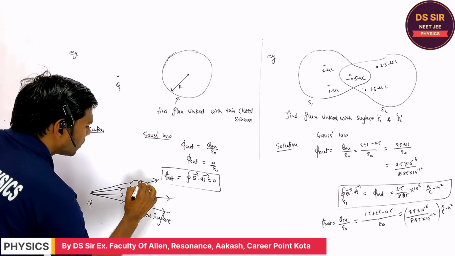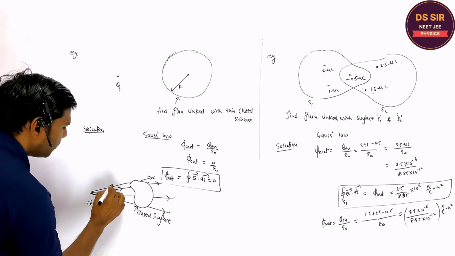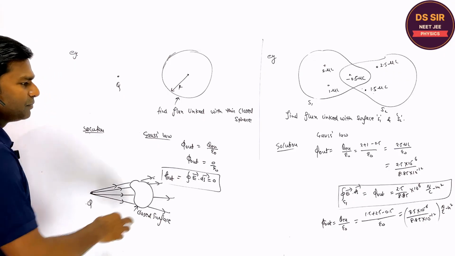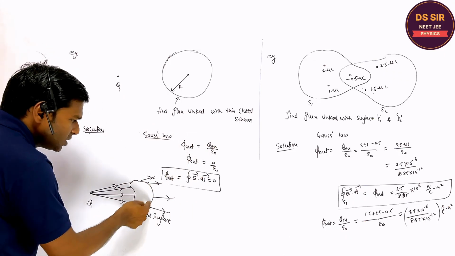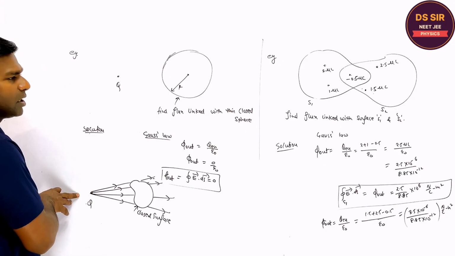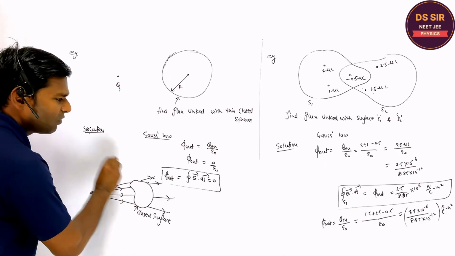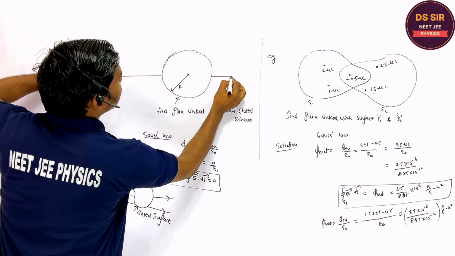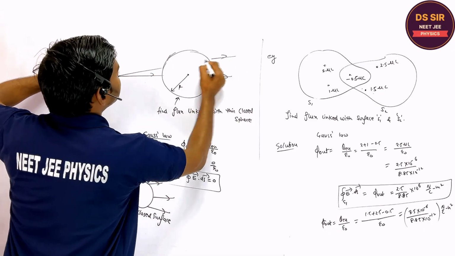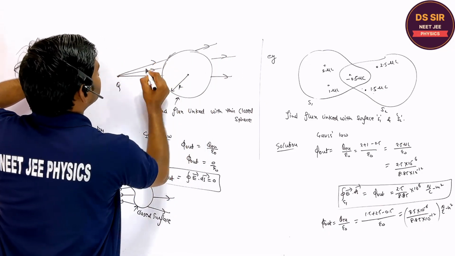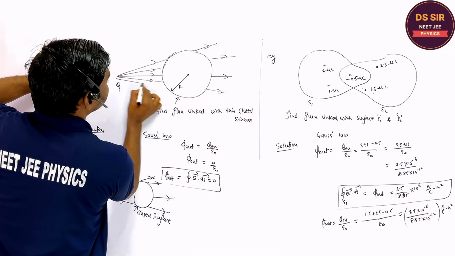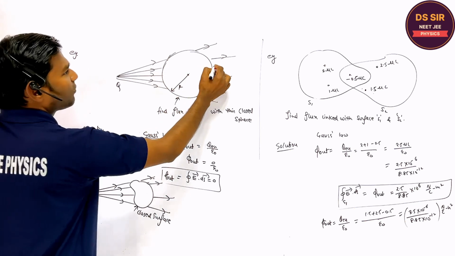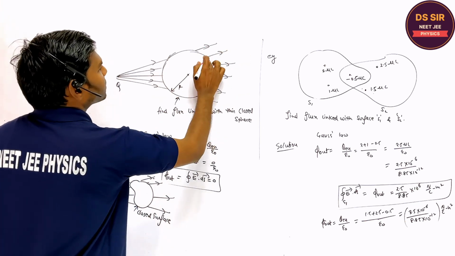We explained this earlier, but with the help of Gauss's law it can also be verified, because no charge is enclosed by this Gaussian surface; all the charge is present outside. So what is the net outward flux linked with this surface? 0. The flux entering is the same as the flux going out of the surface. The inward flux and the outward flux are the same.